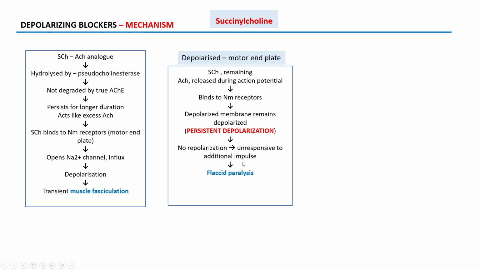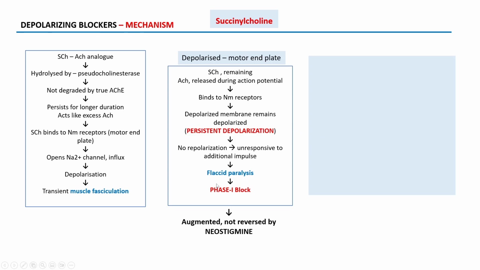This leads to flaccid paralysis, and there won't be any skeletal muscle contraction, leading to the phase 1 block. So before the phase 1 block, you will encounter two things: first the transient muscle fasciculation, followed by the flaccid paralysis due to the persistent depolarization. This phase 1 block can be augmented or potentiated, but it is not reversed by neostigmine.